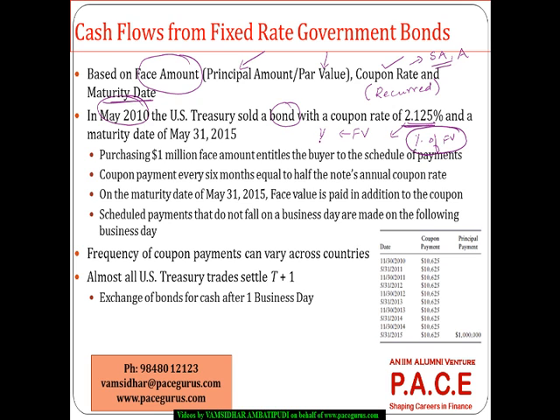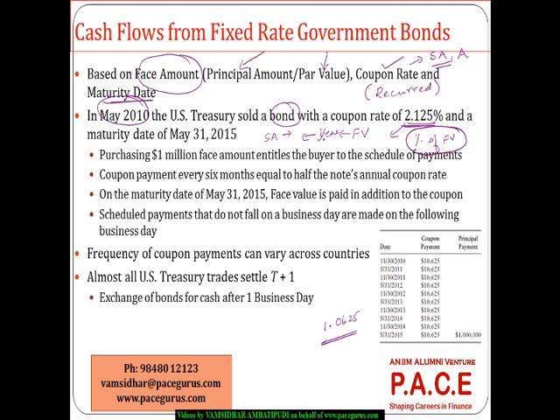Now, if it is a semi-annual coupon, then only half of it is being paid, which means 1.0625% is being paid every 6 months.